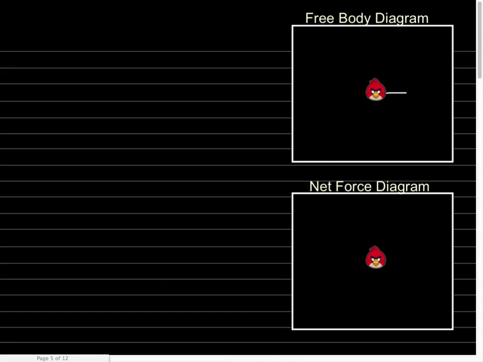So if you have an object like an Angry Bird that has a force A to the right and a force B to the left, then the net force is just FA minus FB. The net force is equal to FA minus FB. So let's say FA was 10 newtons and FB was 7 newtons to the left.